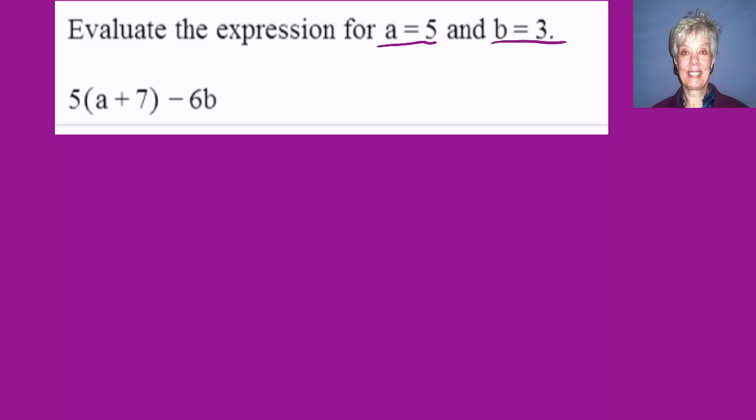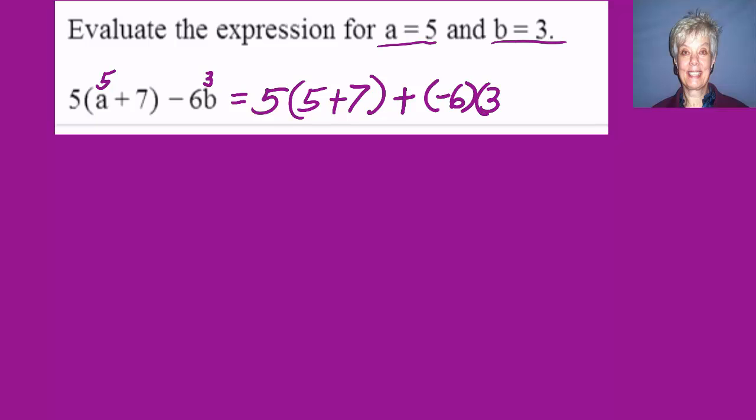Okay, so here's what we're going to do. Since A equals 5, I put a 5 in for A, and since B equals 3, I'm going to put a 3 in for B, and I'm going to rewrite my expression like this. 5 parentheses 5 plus 7 plus, bear with me, -6 times 3.